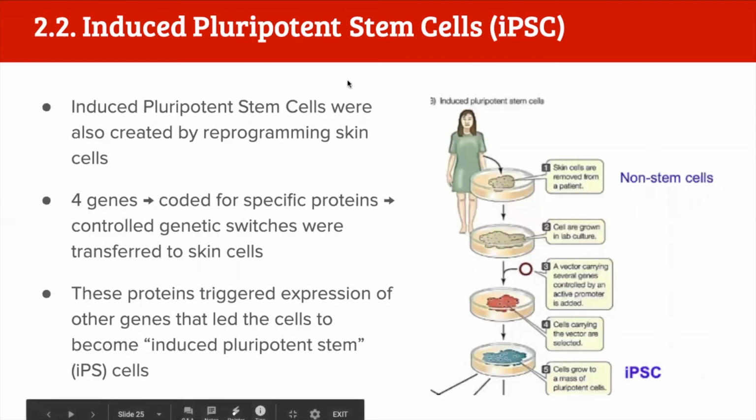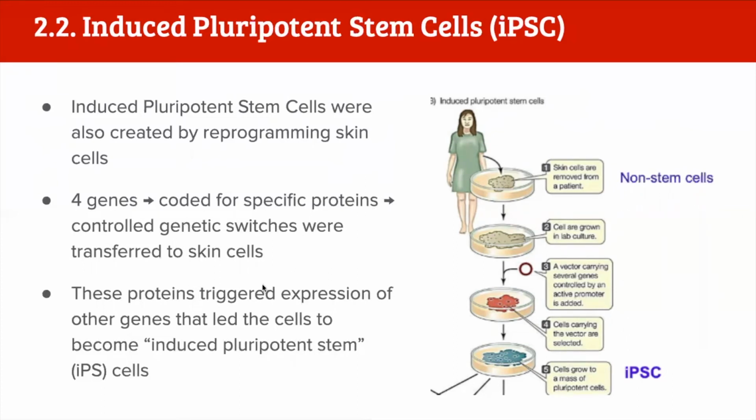The other way we can get iPSCs is by reprogramming normal adult cells, cells that are not stem cells, okay? So basically in an experiment, they found 4 genes that coded for specific proteins, and these proteins control genetic switches, and then these were transferred into normal skin cells that weren't stem cells.